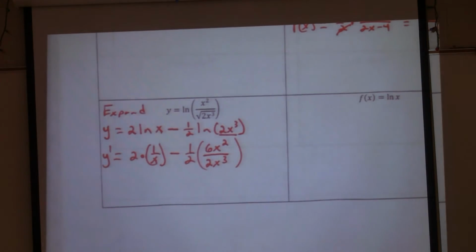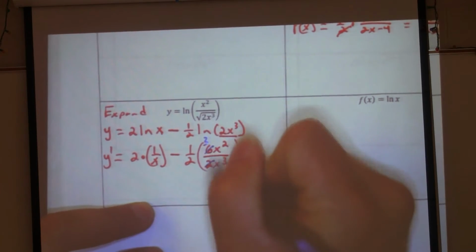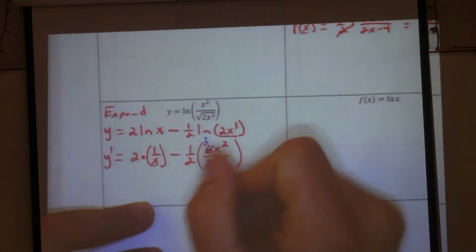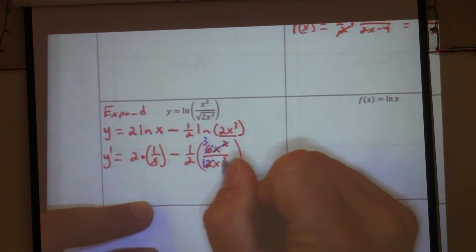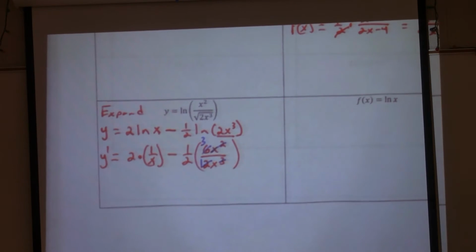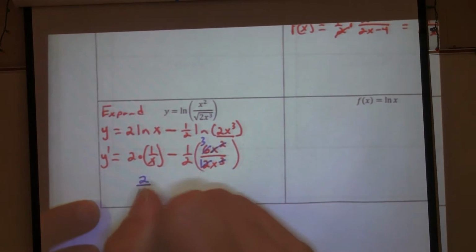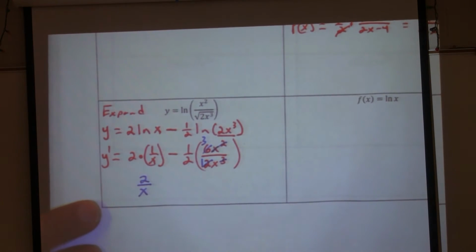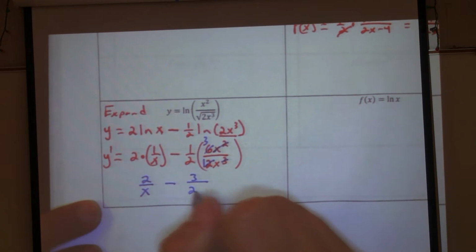Can we simplify anything? This 6 and this 2 become what? 3 over 1, right? And then these 2 x's will go away, and how many will be left down here? Just 1, right? So we're done. What are we left with over here? 2 over x, right? Minus 3 over 2x.